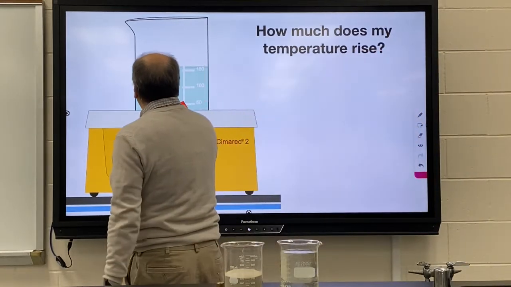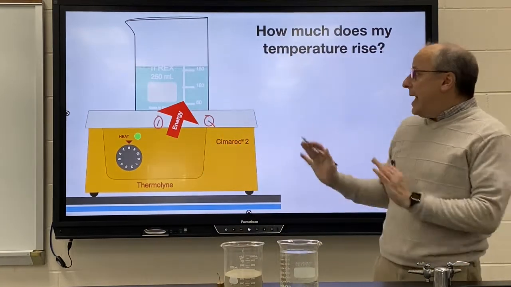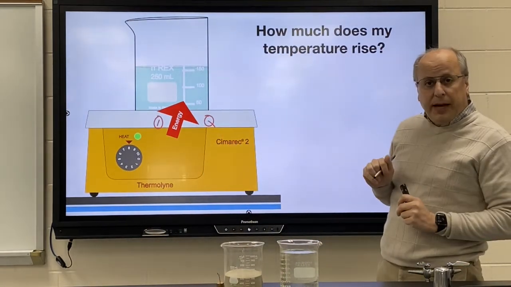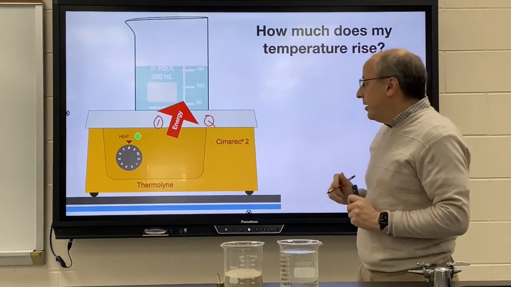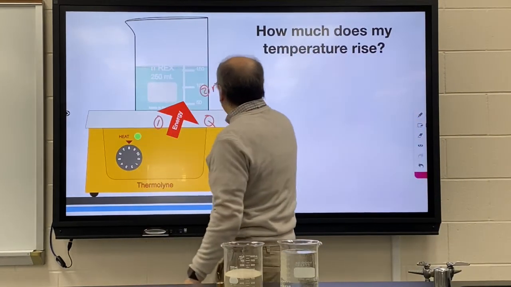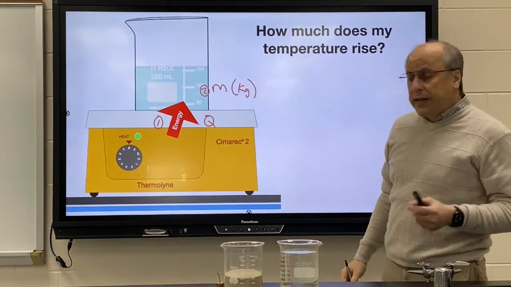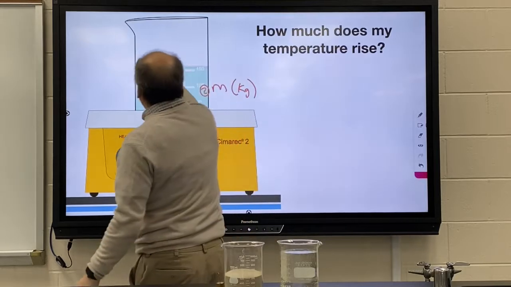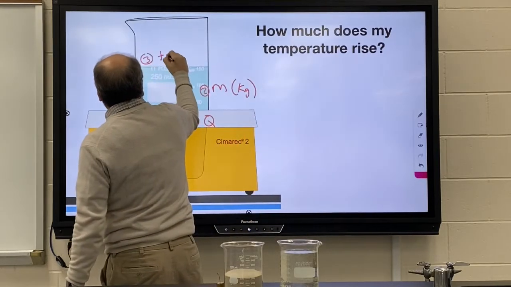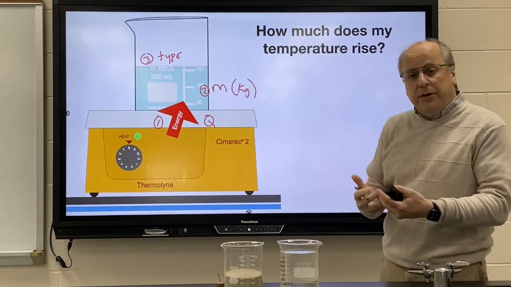Factor one is how much energy in the form of heat I actually put into my system, into my material. Number two, how much material is there in terms of mass, in terms of kilograms. And the third factor is the type of material that you have in your beaker.